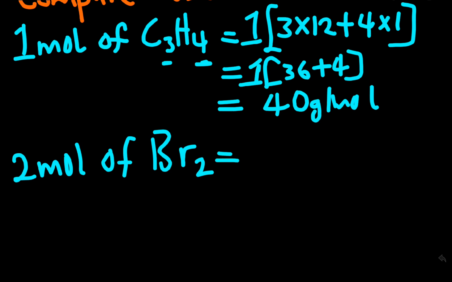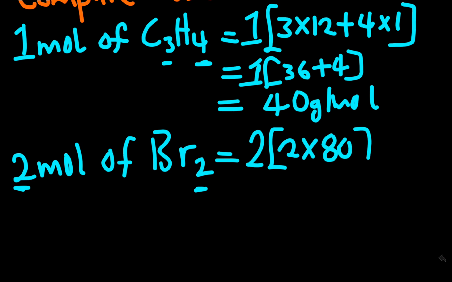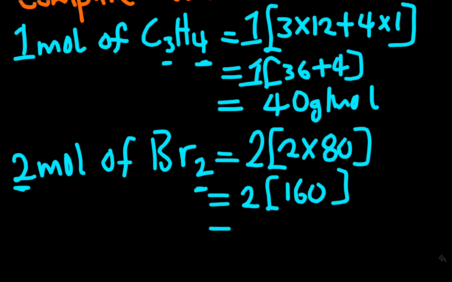And this becomes 2, which is the number of moles here, open brackets, the number of atoms here is 2. The atomic mass of bromine is 80. So 80 times 2 is 160, times 2 is 320. 320 grams per mole. Now we've been able to establish both grams per mole.